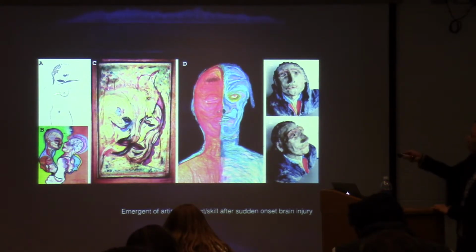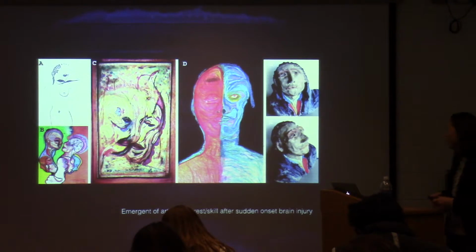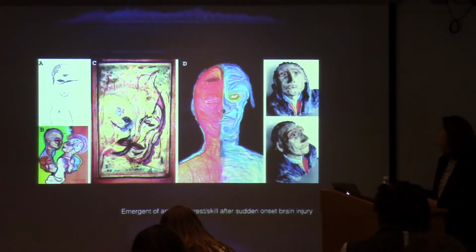You see there is a split in the compositions, and oftentimes he's leaving out the left visual field, meaning that his injury was on the right hemisphere of his brain. And it seems like he's progressing as an artist. And he's now doing a lot of sculptural works in addition to two-dimensional works.